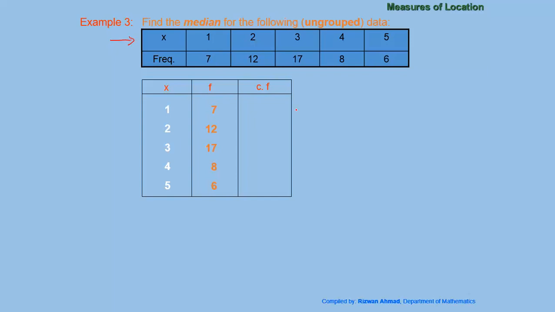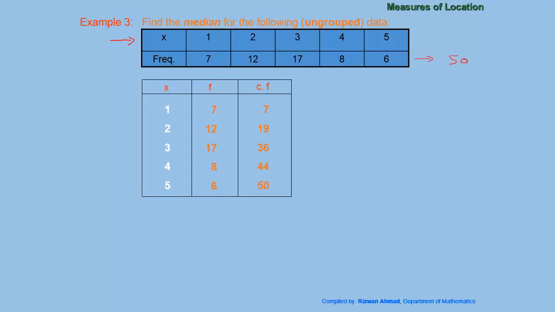So we will find the cumulative frequencies. The cumulative frequency, we know, will be 7, then 7 plus 12, 19, 19 plus 17, 36, 36 plus 8, and so on. Finally, we got a total of 50 values here. So this 50 is always equal to the total number of frequencies here. The sum of all of these will also be 50.